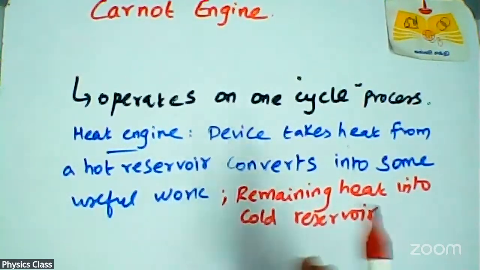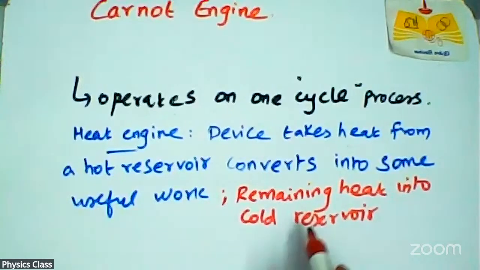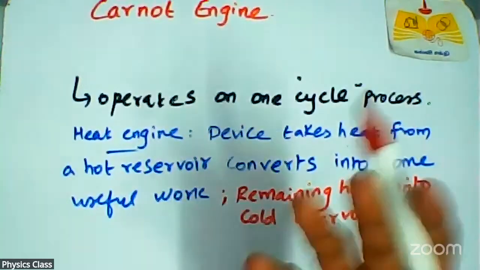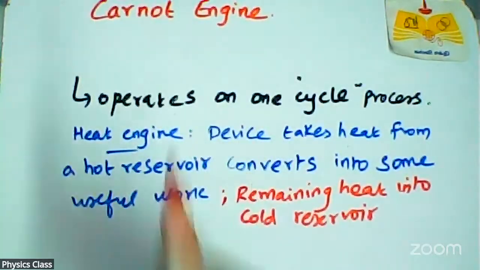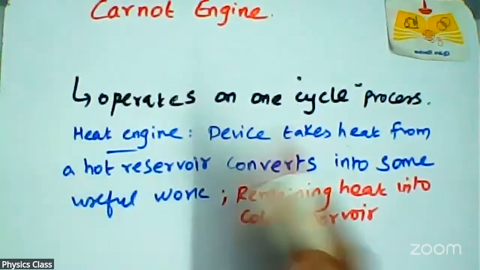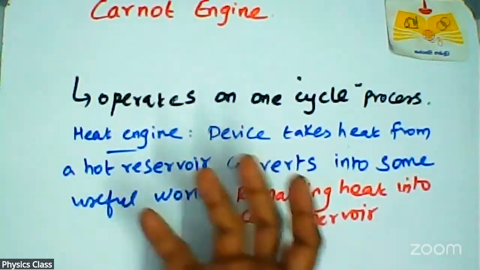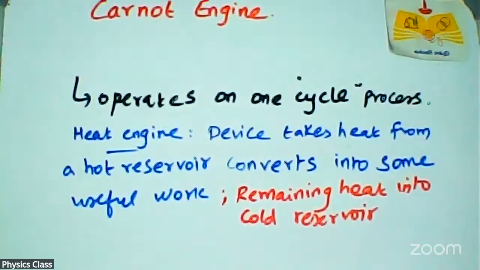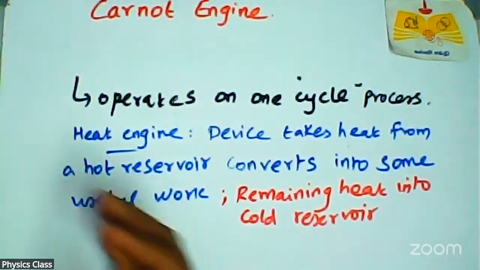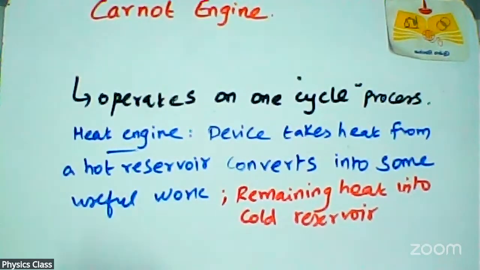Suppose one hot object is in contact with the cold reservoir, the reservoir is ready to take heat from that system, and the system is ready to give heat to it. So there is a cold reservoir, a hot reservoir, and in between there is a working substance. It may be an ideal gas or gas.